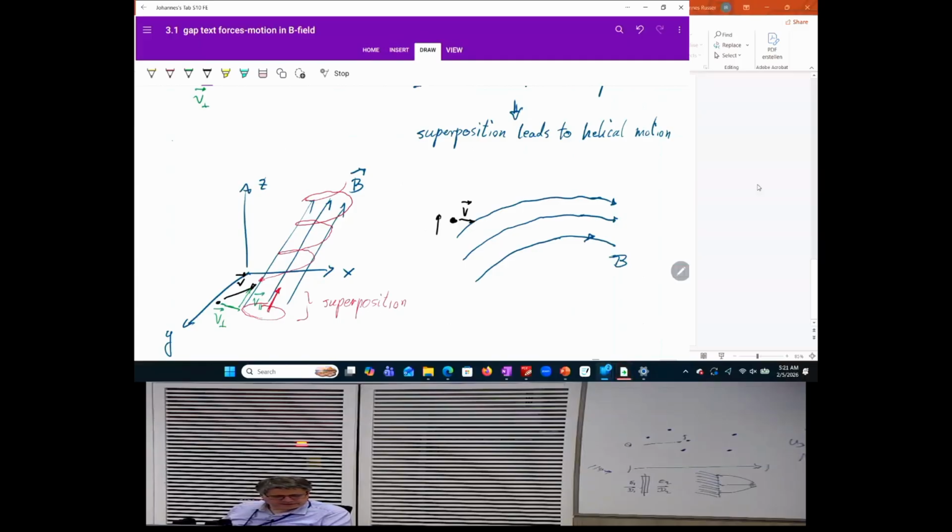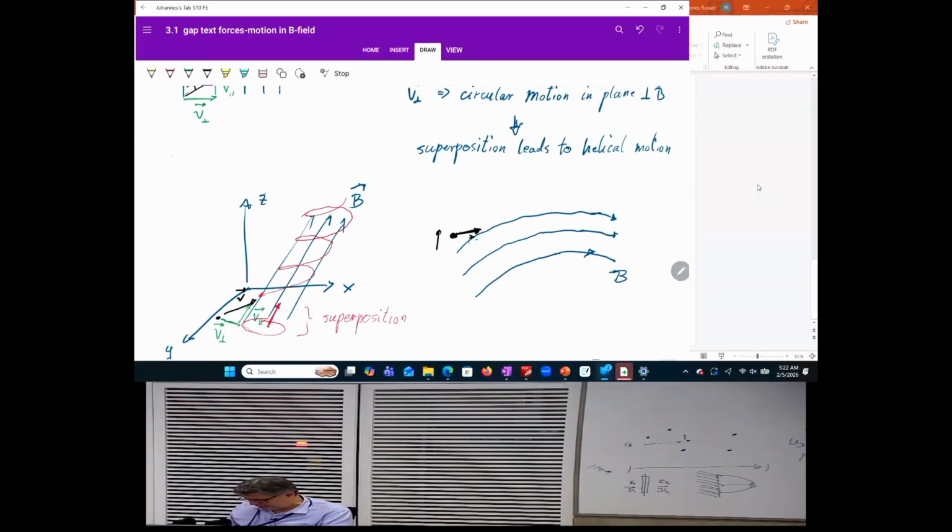then you can again decompose the velocity vector into a contribution. You have to decompose it into the component that is perpendicular and one that is parallel.